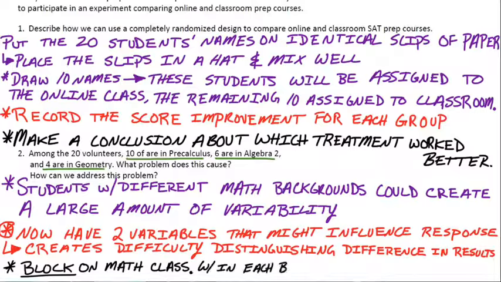So within each class, or within each block, you could say, it's like within each group, randomly assign the treatments. So basically go to the pre-calc group, those 10 kids, and then randomly assign 5 kids to the online class, 5 kids to the regular classroom, and so on and so forth within each class. So then we don't have different classes being mixed up in our results and then creating more variability.